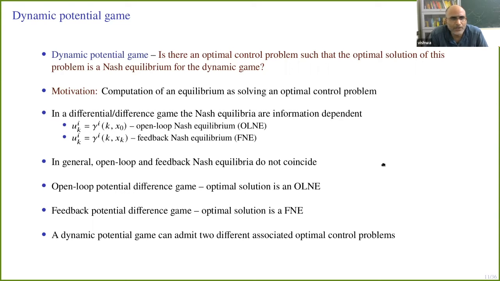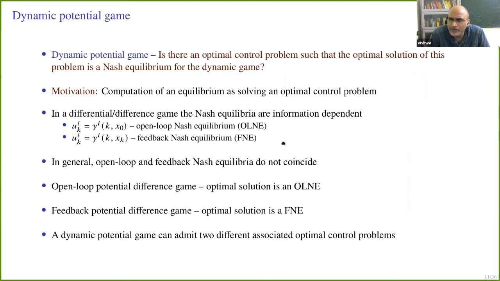So with open loop information structure, players use strategies which are functions of the initial state and time. In feedback information structure, the strategies are functions of time and the observation of the state at time K. So we have basically two types of Nash equilibria depending upon the information structure.